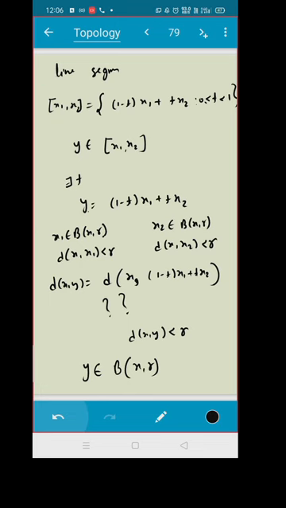You are telling me to separate these, is that what you are saying, Shreyas? Yes, sir. Then we can use the triangle inequality.